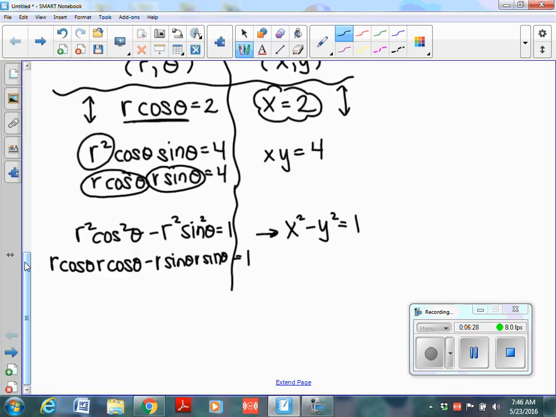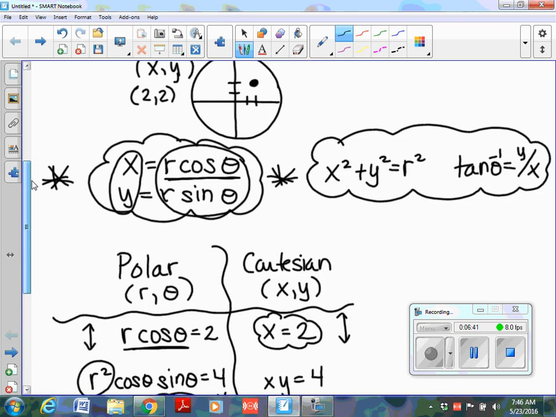And the last one, if you see r equals 1 plus 2r cosine of theta, all I'm going to do is change my r. Do you remember what my r stood for?